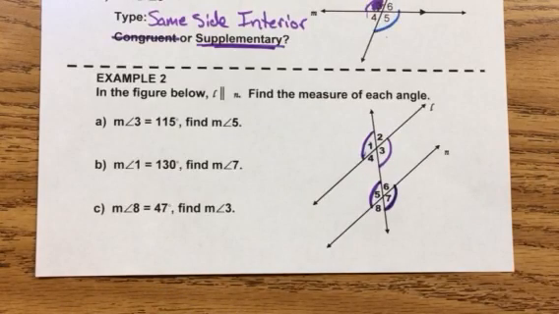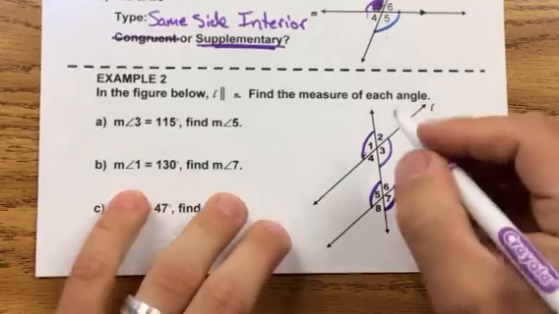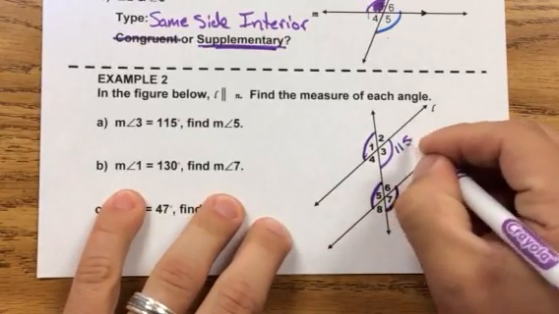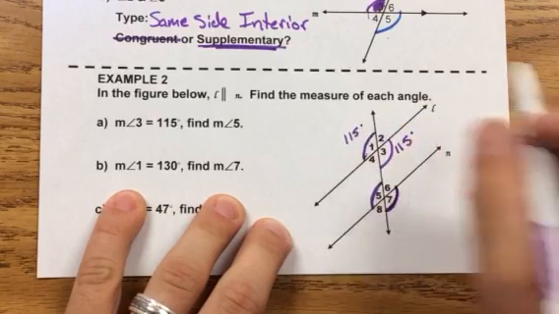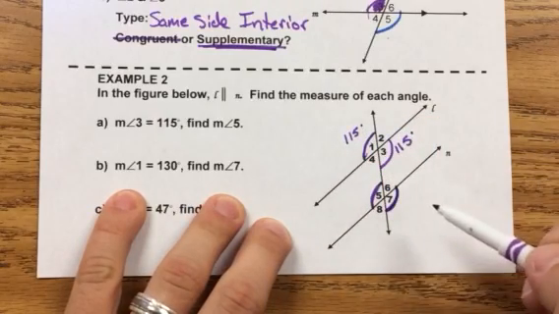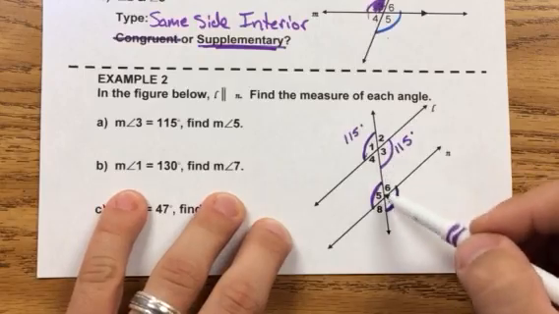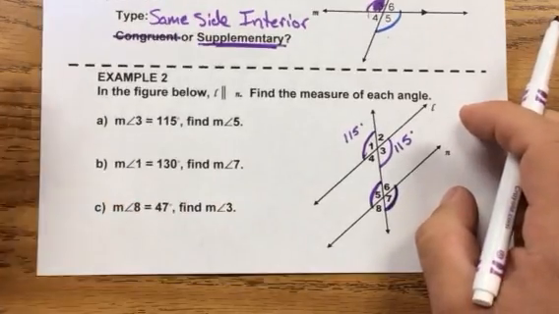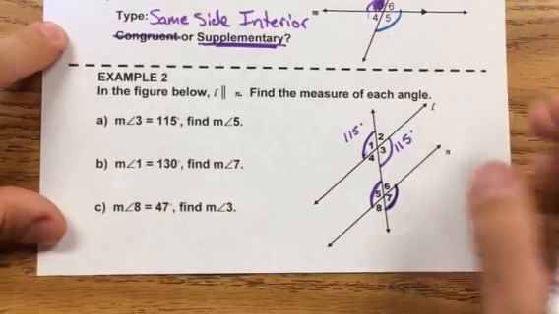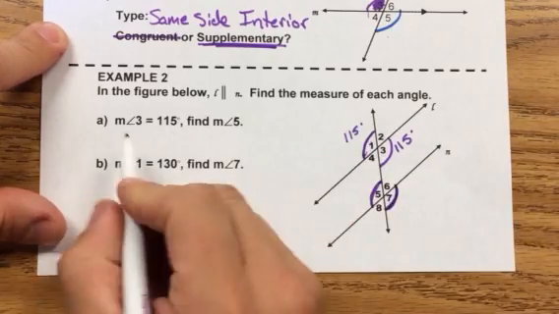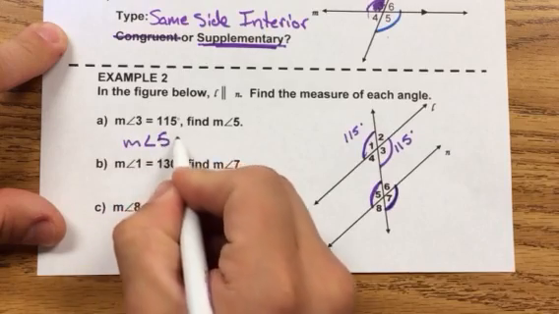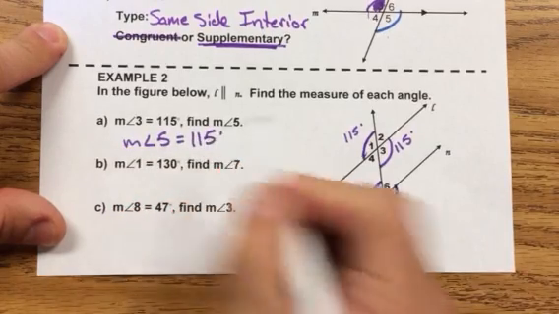So as we look at it, we know angle 3 is 115, which tells me angle 1 is 115. Angle 1 and angle 5 are corresponding. Angle 3 and angle 5 are alternate interior angles. So we know those are congruent. We would say the measure of angle 5 is 115.